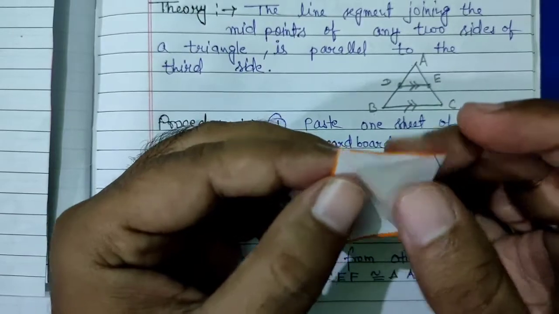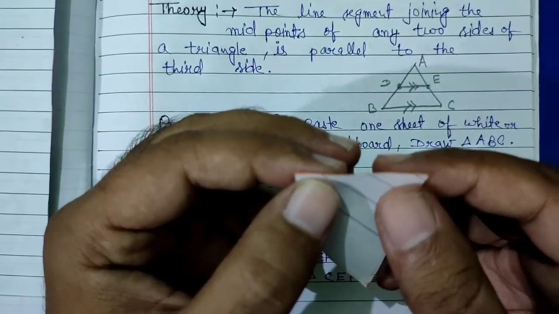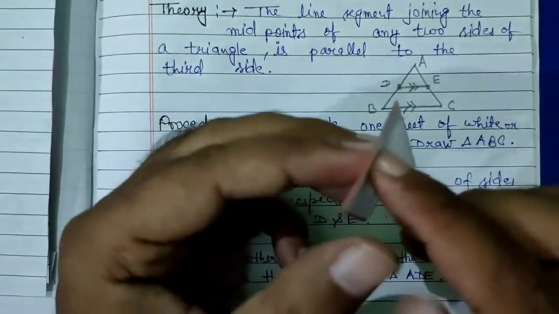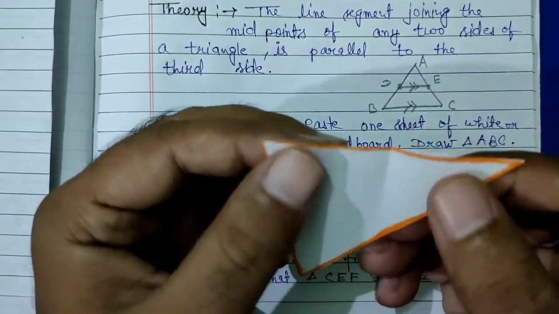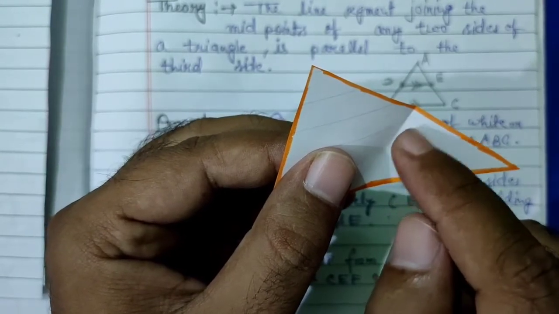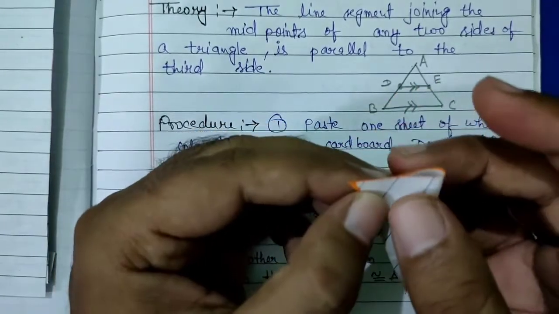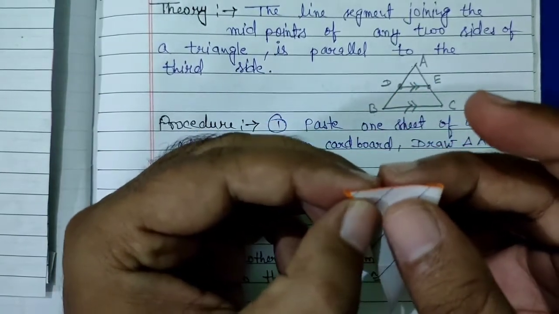You can see here that length is same from this side and from this side. So this point, this fold, you can see, and similar thing you will do this another side in any two side of triangle.